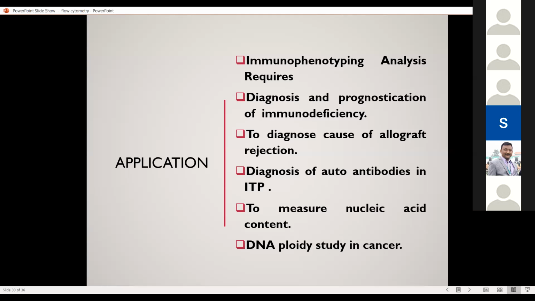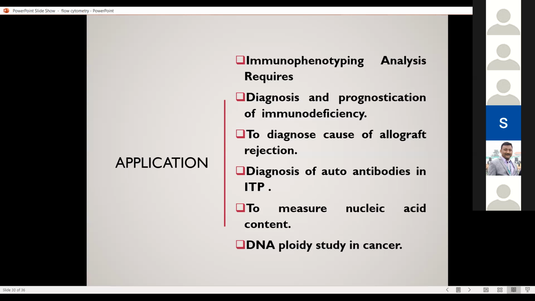They are related to specific markers present on the transplanted organs. So we can design specific antibodies and tag them with fluorochrome molecules, make a sample from that tissue, and analyze what kind of marker is present on it, or what is the reason behind the rejection of that transplant.